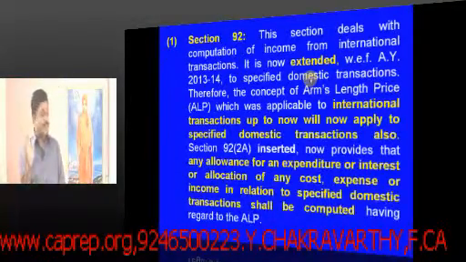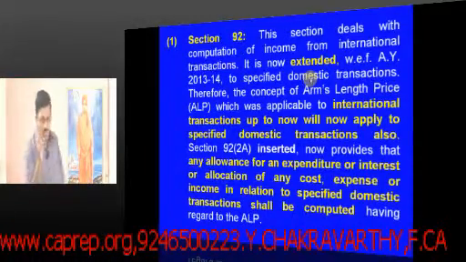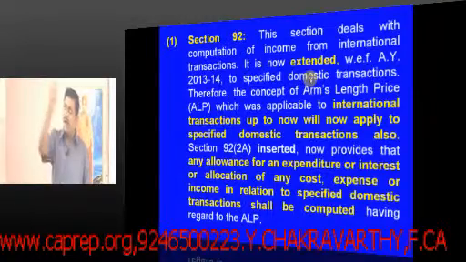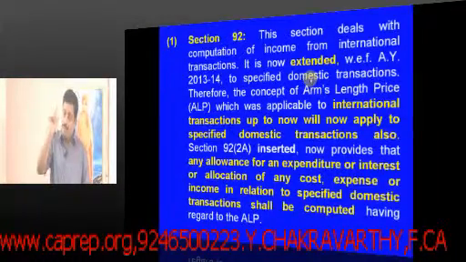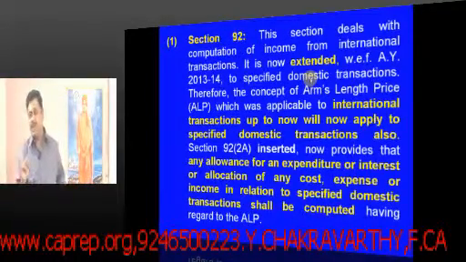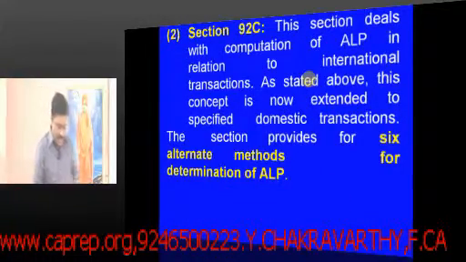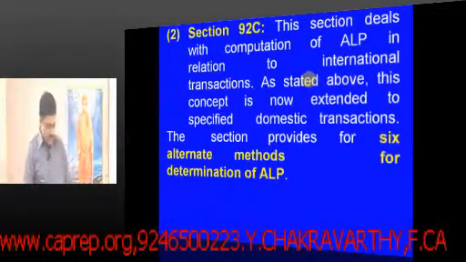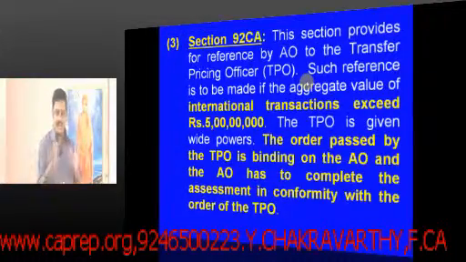There are 6 methods to ascertain the arm's length price. So you have to go by those 6 methods even to find out the price at which these specific domestic transactions are to be carried out. That is one thing. Second thing is 92CA.